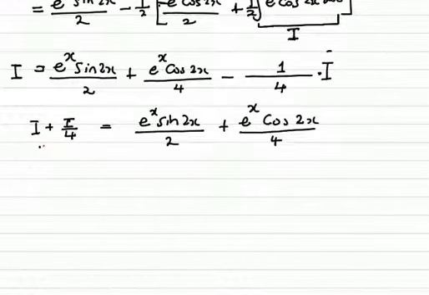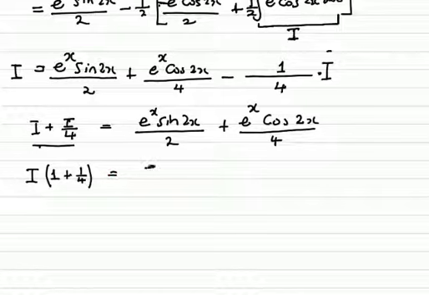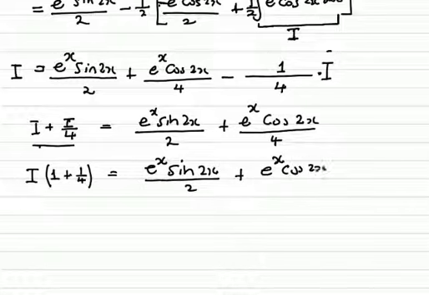in the equation here. So what we can do is take a common factor I and basically have inside the bracket 1 plus 1/4 equals e to the power of x sine 2x all over 2 plus e to the power x cos 2x all over 4.